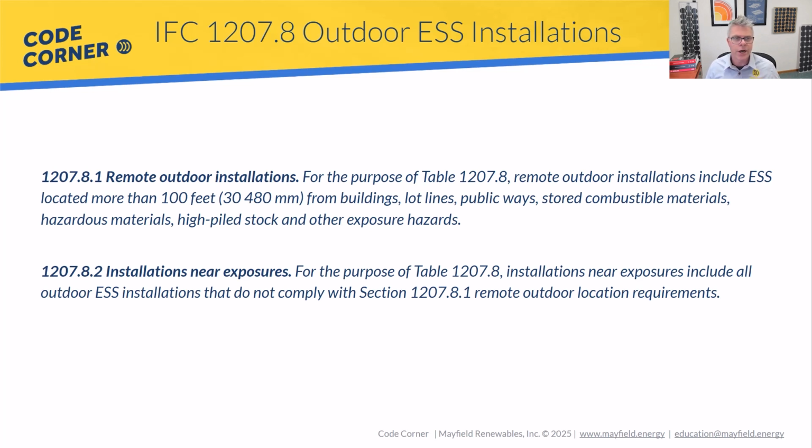So you can see there's a table 1207.8. We're going to look at that next. So if you have your IFC, you can look at that as well and see that table, how it's laid out. I will show it to you here in a second just so you get that feel for it. But for the purpose of 1207.8, it's going to tell us which code sections apply for different locations.